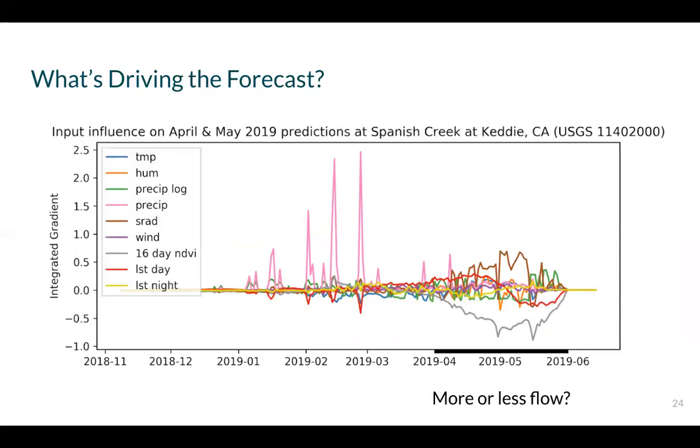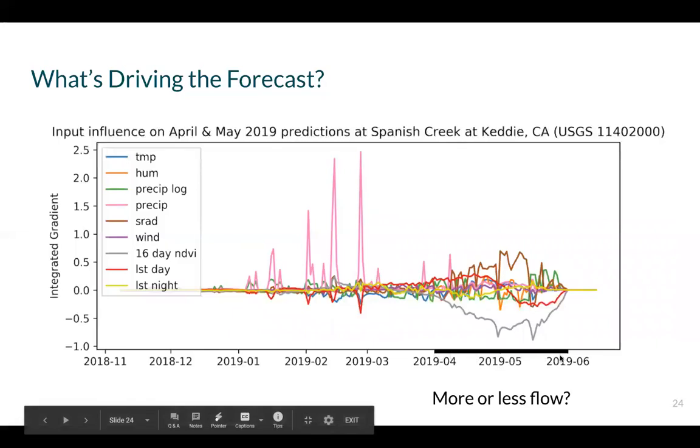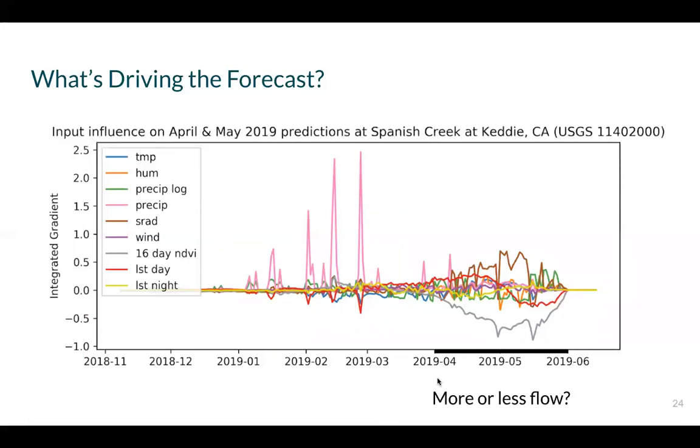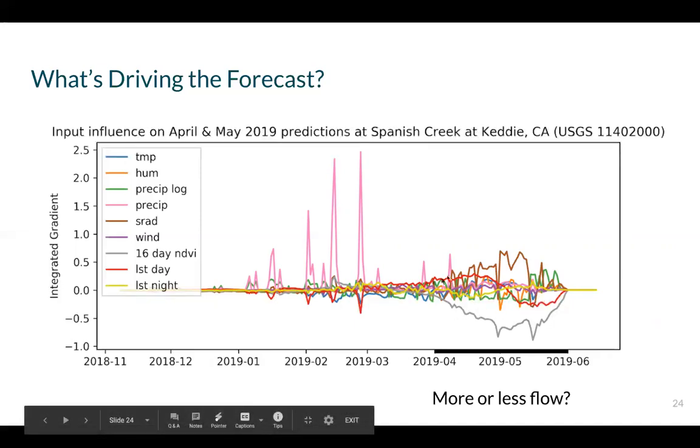More particularly, we take a period of time, the time where the black bar is, from April through May of 2019. This plot is asking which inputs from which times, both during that time period and leading up to that time period, contributed to more streamflow in the river during April and May, and which inputs contributed to less streamflow?